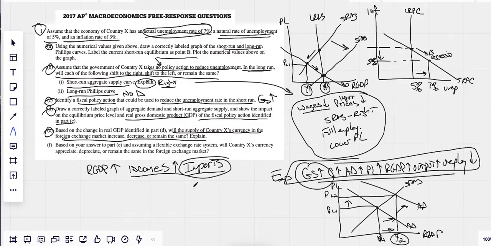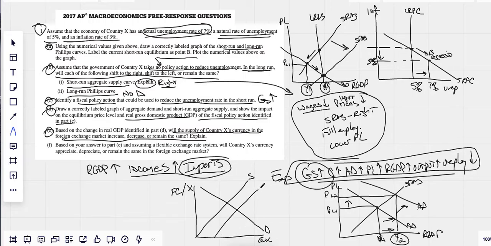let's see if I can draw it real quick. I don't know if I have to or not yet, but I'm just going to draw it. Supply and demand. Do we know what country? Country X. Let's just say quantity of X, and a foreign currency to X. We know as they're buying more imports, they're dumping their money into the FOREX, and that means the supply of their currency is increasing in the FOREX, which is driving the value down.